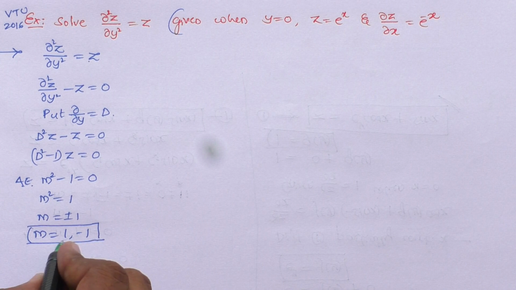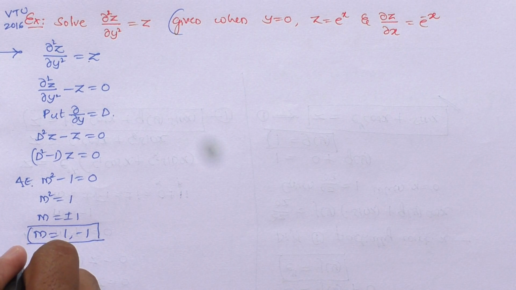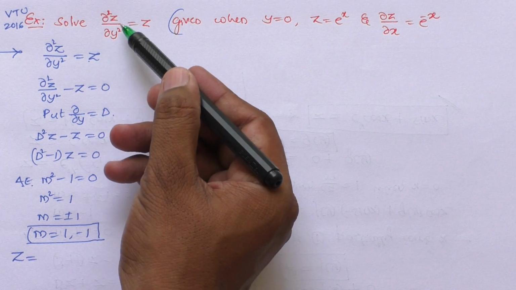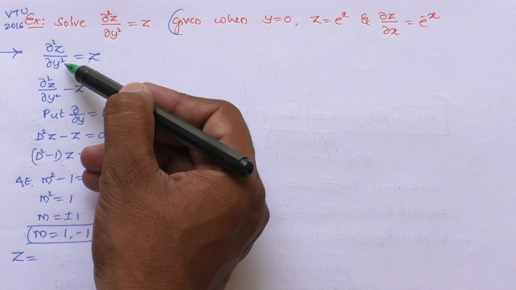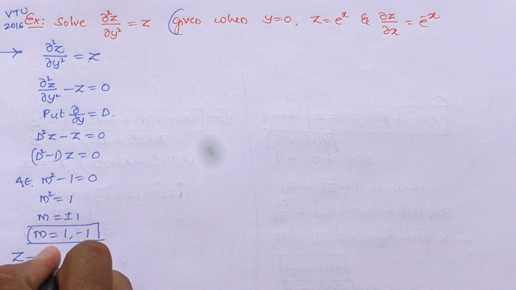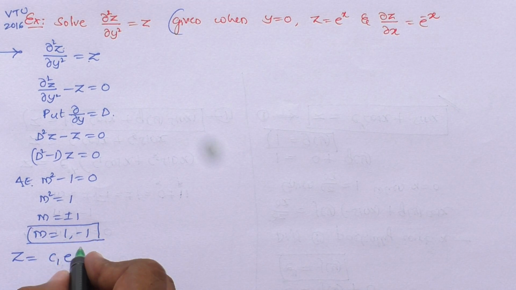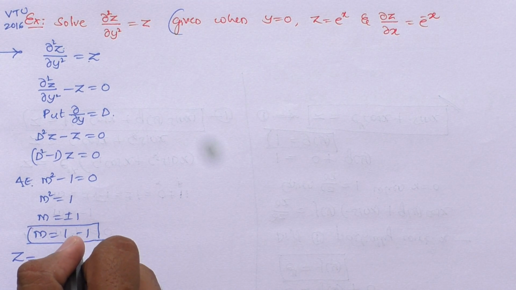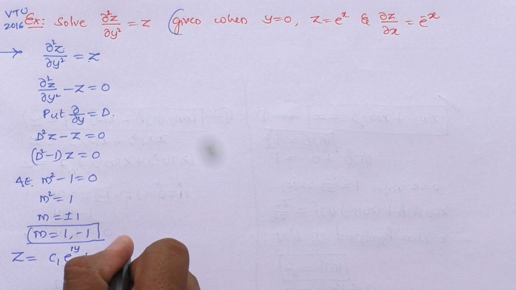So now these are not equal, so we write z as follows. Here the derivative is ∂z/∂y, which means z in terms of y you need to write. So z equal to c1 e raised to m1 y, that is 1y, plus c2 e raised to minus 1y.